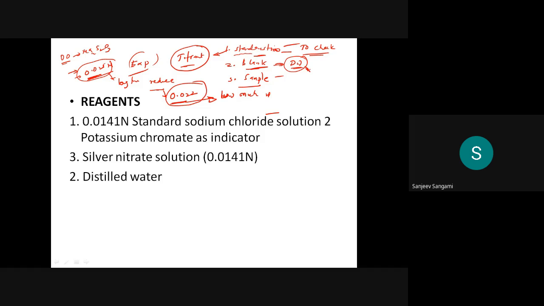We assume that chloride does not exist in most of our distilled water, so in the blank we get zero chloride.